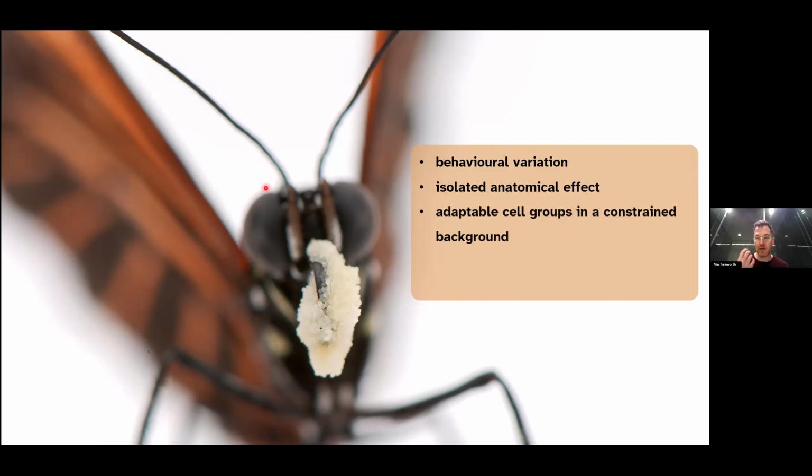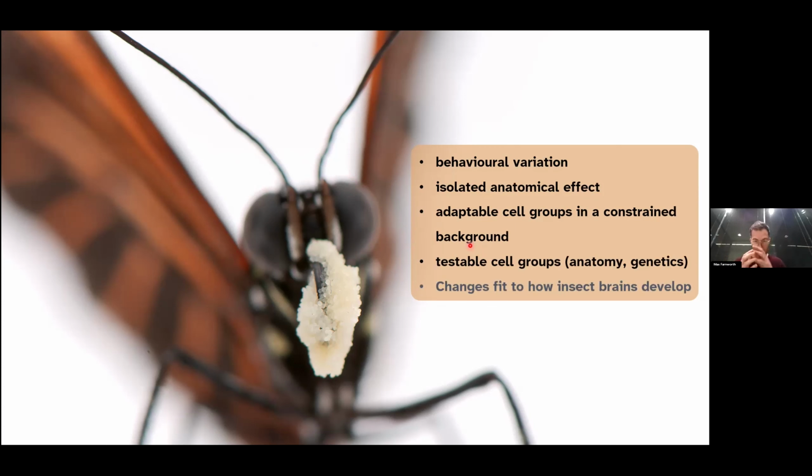And then we have actually adaptable cell groups that change in a short time span through probably lots of different mechanisms in an otherwise very constrained and conserved background. This also means that we have testable cell groups that we then can approach through anatomy and genetics to come up with something intelligent. And all of these results that I've shown you actually fit to how insect brains develop.